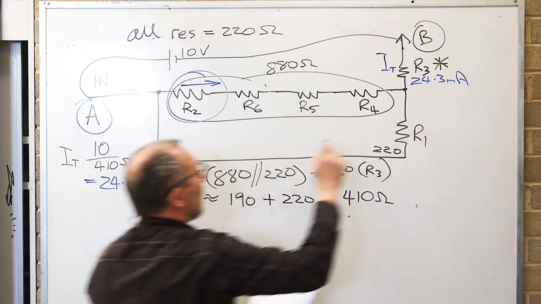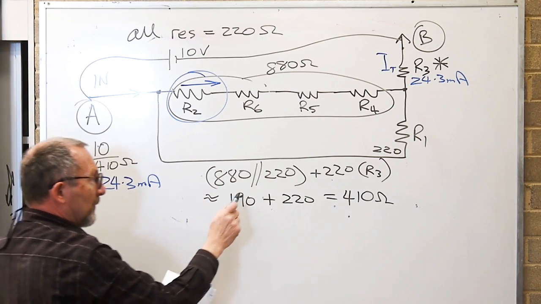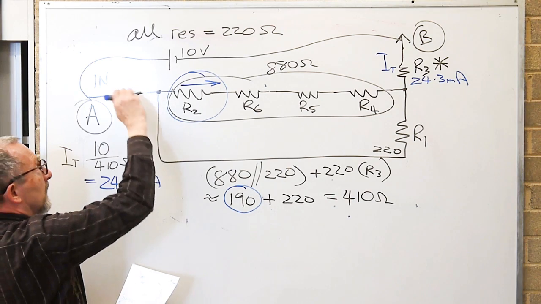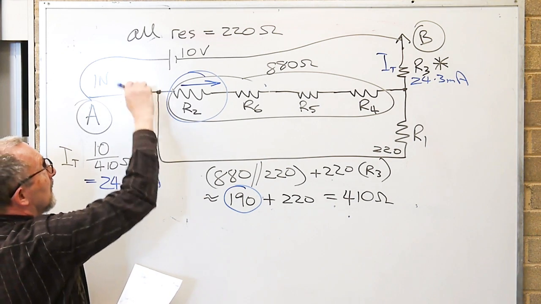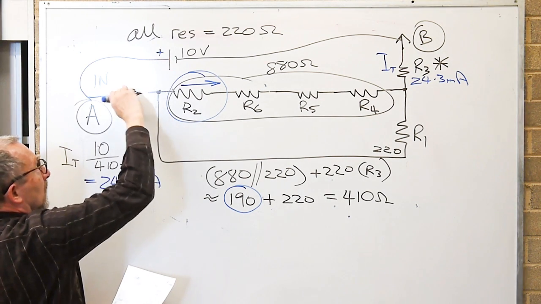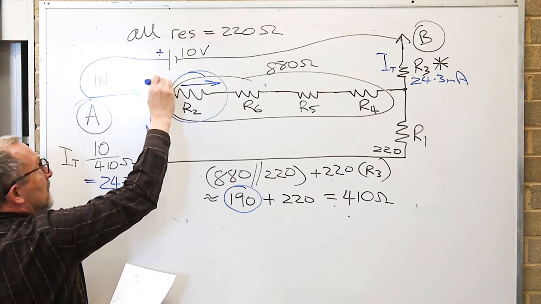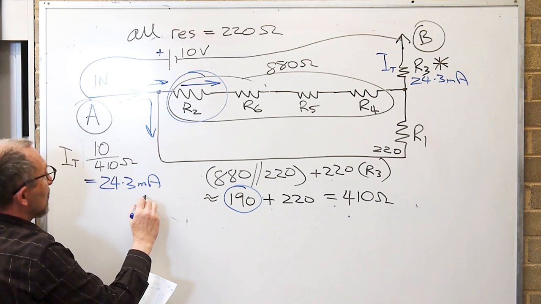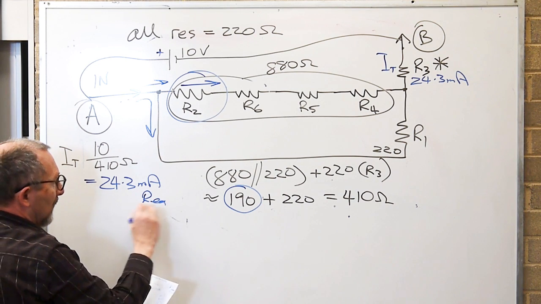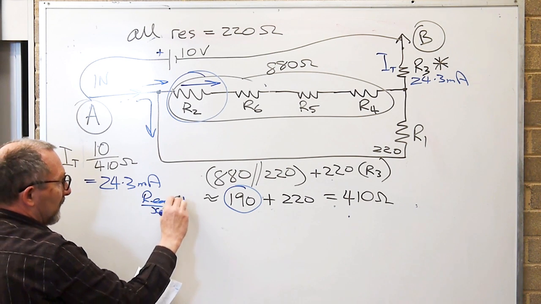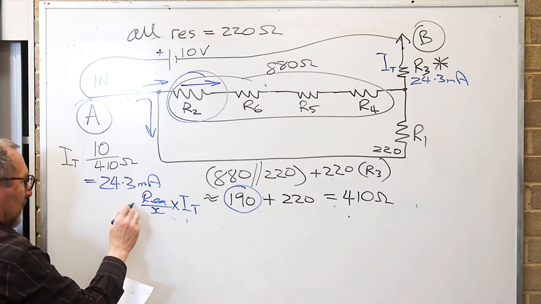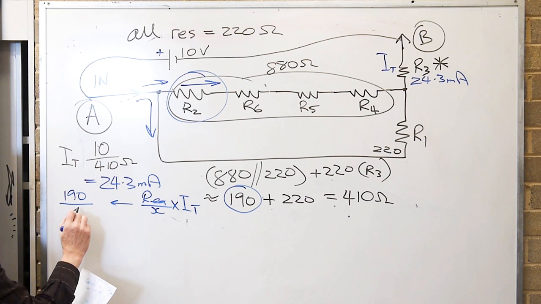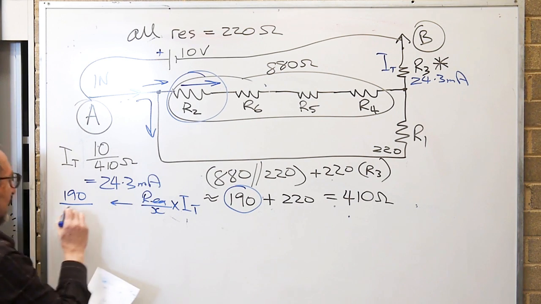24.3 milliamps. And then the REQ, which was the 190, because we've got a current divider here, haven't we? Current coming in is positive. Some going that way, some going that way. So REQ is put up here, REQ over X times IT. So that'll be 190 divided by 880.